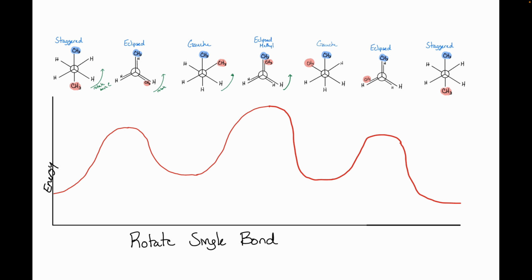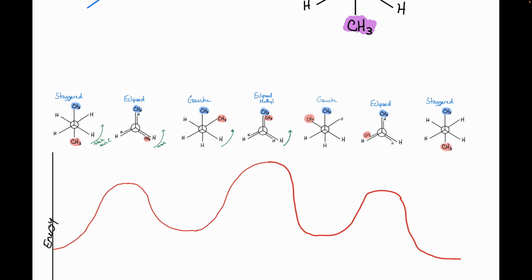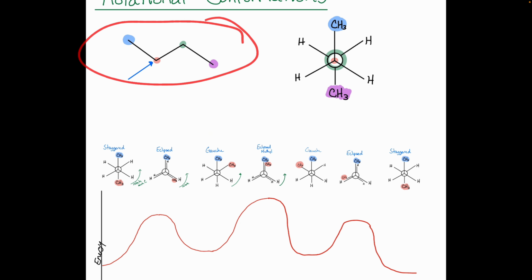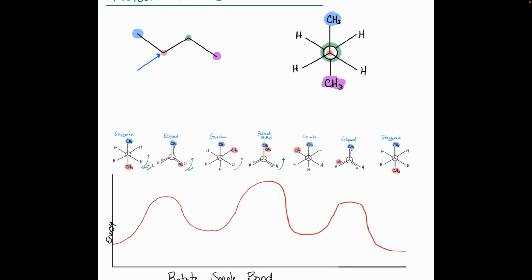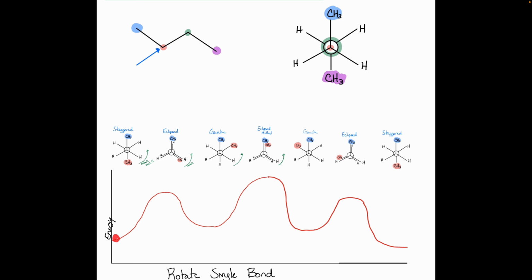We can also note that the way we draw it with our zigzaggy line is the most stable of those staggered states, because it's one where our two large methyl groups are as far apart as possible. So our global minimum is that staggered conformation where those two methyl groups are on opposite sides.